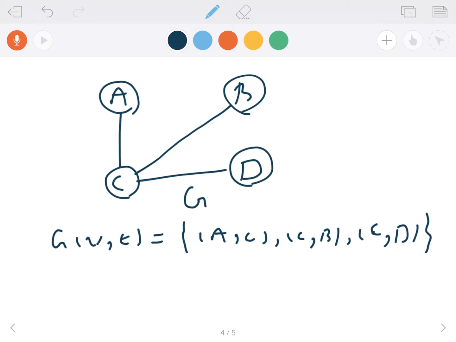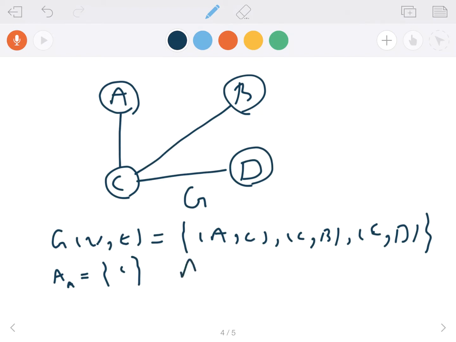So for example, for A, I'm going to write it as A, that stands for the adjacency of the node A. This is going to be all nodes that A goes to. It's going to be only C, because there is only one edge that connects A to any other node, that is only AC.